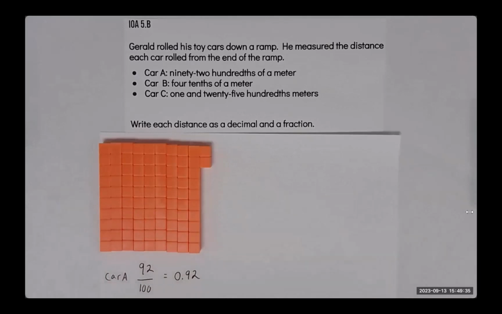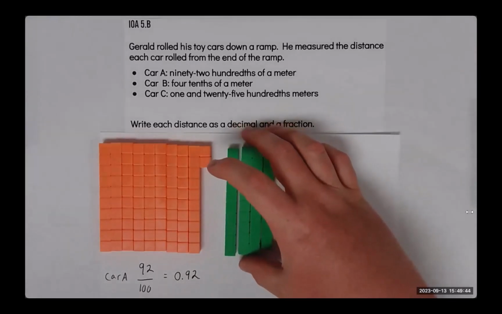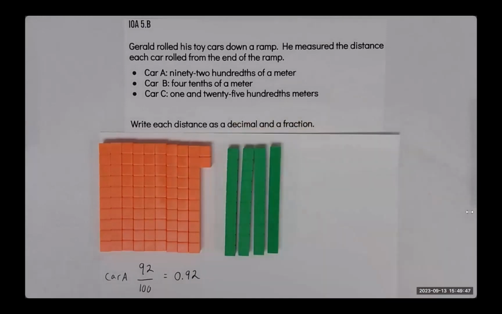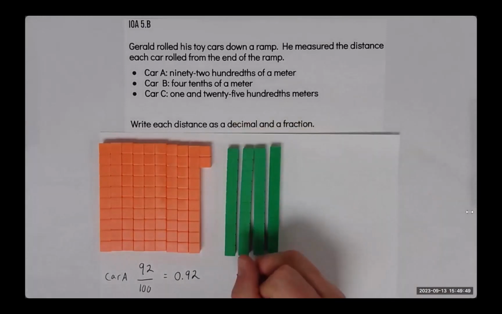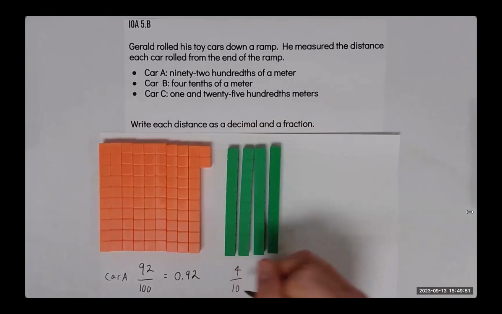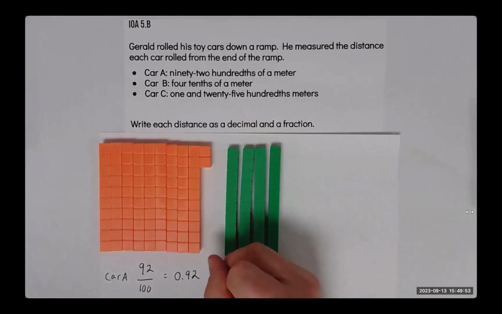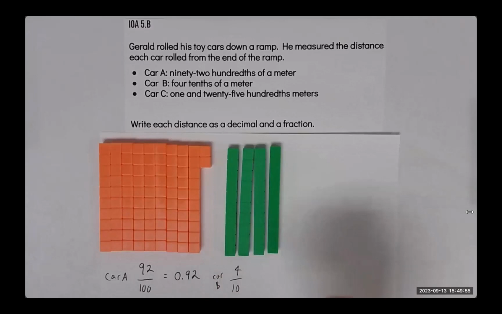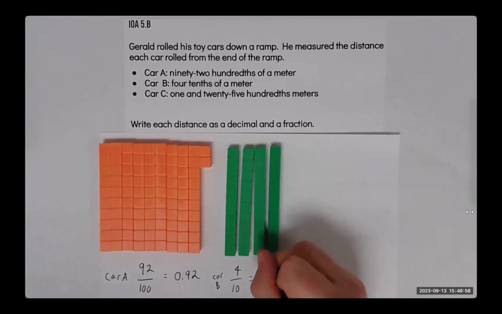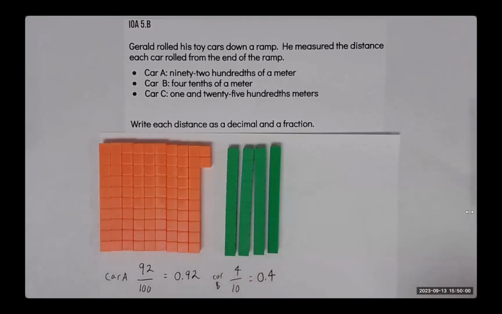For car B, it went 4 tenths of a meter. So using my base 10 blocks, I can use 4 tenths. As a fraction, this is written as 4 tenths. And as a decimal, it is written as 4 tenths. Lastly, for car C, it traveled 1 and 25 hundredths meters.